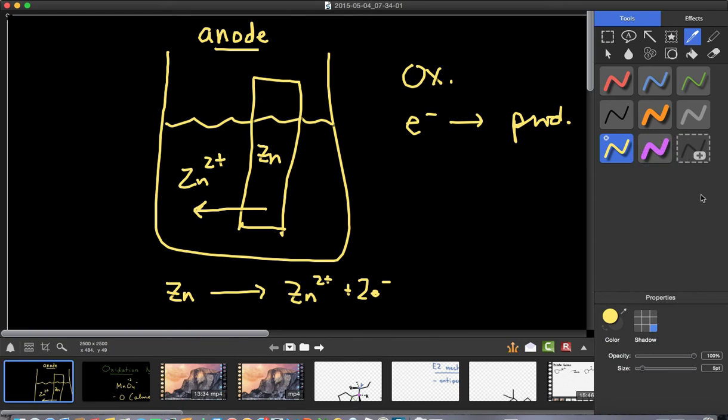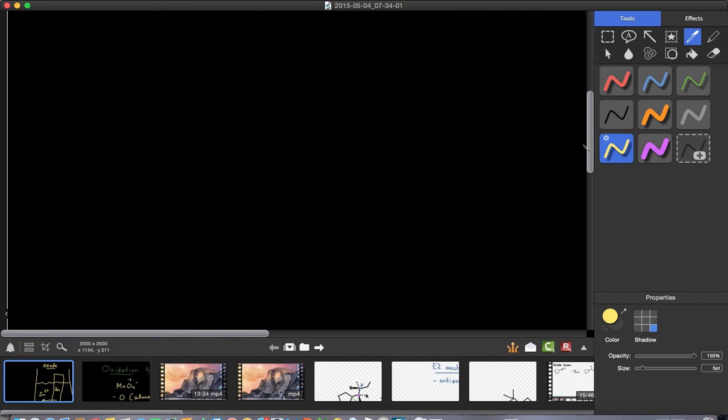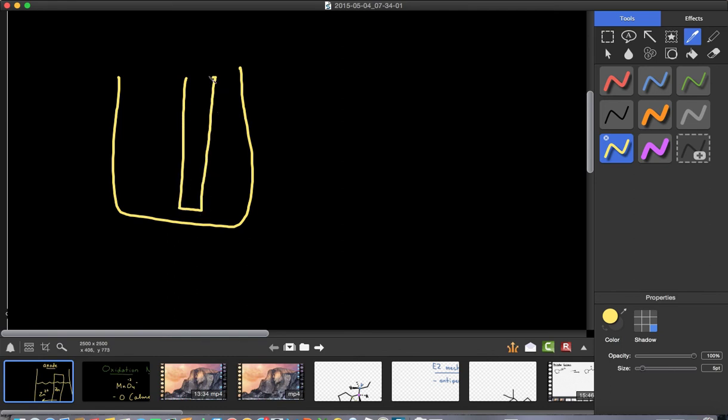So now what we want to do is put this all together in the context of a reaction, because the anode half reaction cannot occur without being coupled to the cathode half reaction. So everything has to work in concert here. Zinc to zinc 2 plus.